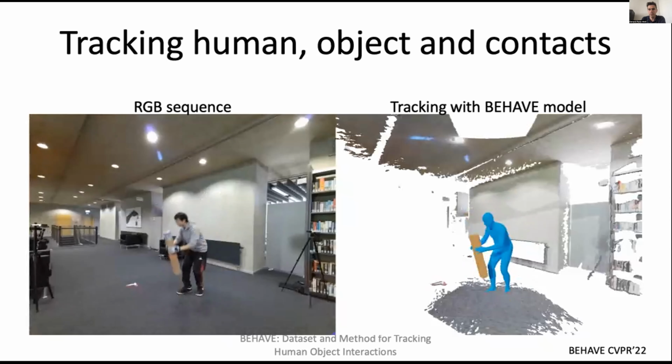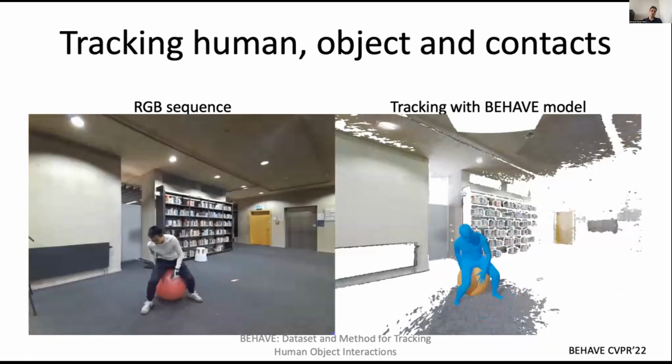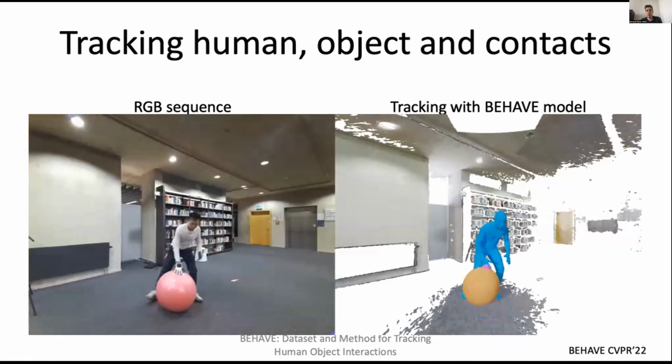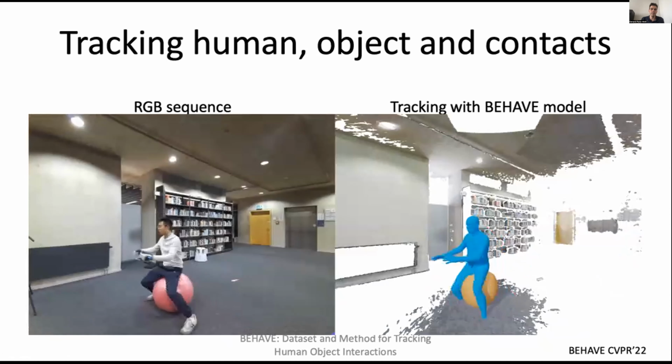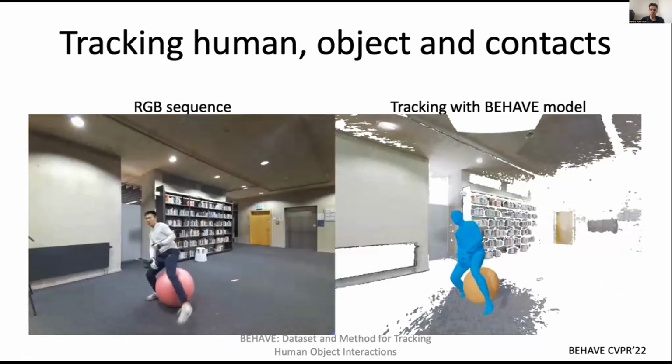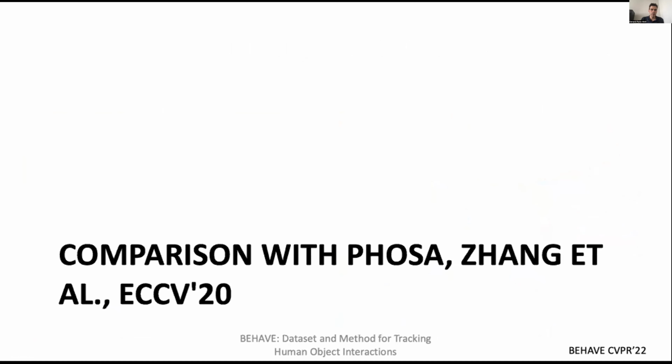So we have another example here of a person interacting with a ball. And notice here that we assume that the ball is rigid, so we cannot track these non-rigid deformations. Surprisingly, there were not many approaches available to compare against. And so here we compare against a method called PHOSA, which is a single image reconstruction method.